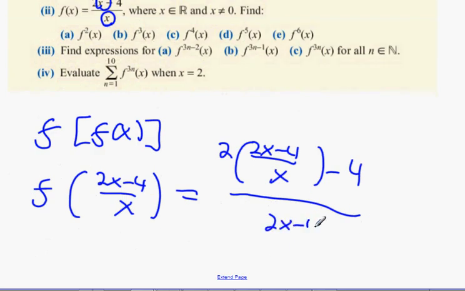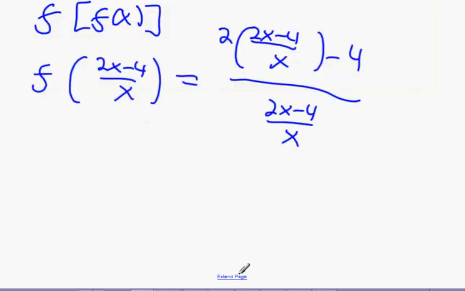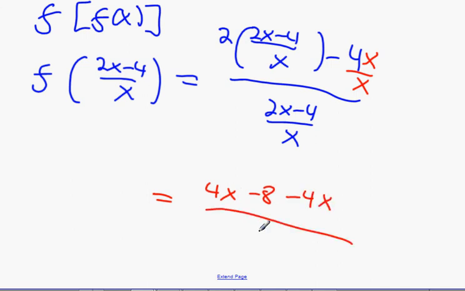Now, what we're going to get here, guys, is I'm going to put an x on the bottom here, like so. We're going to get 4x minus 8 minus 4x all over x.